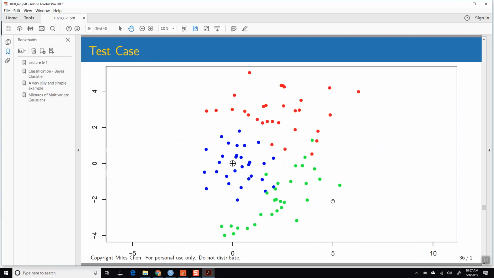In this example, I have three Gaussian distributions, the red and the blue and the green, and we're going to say, what if I put a test case right here at 0, 0?